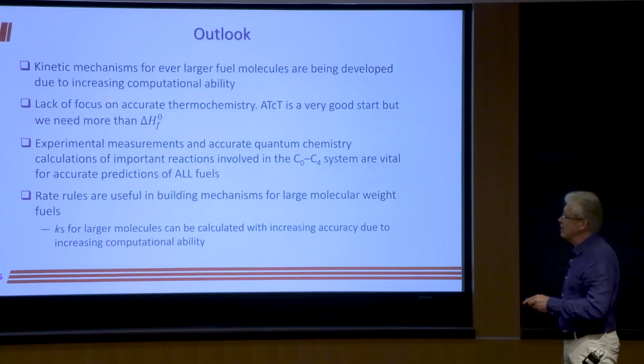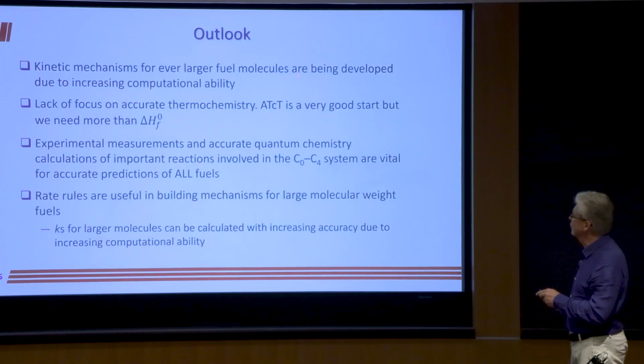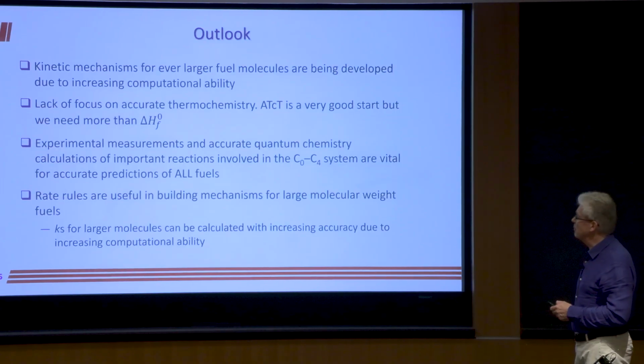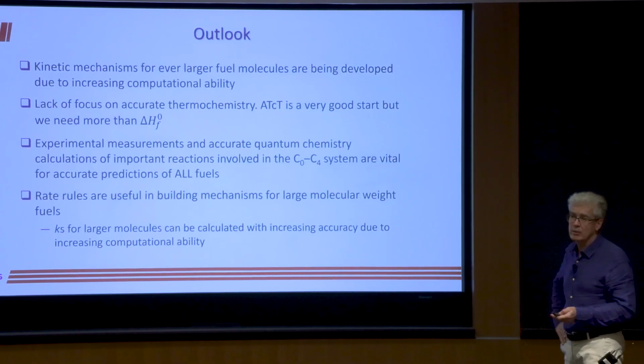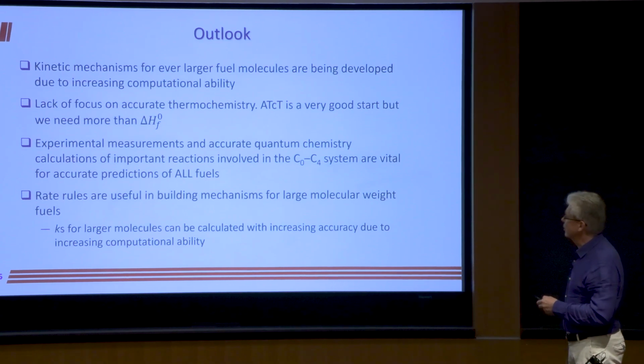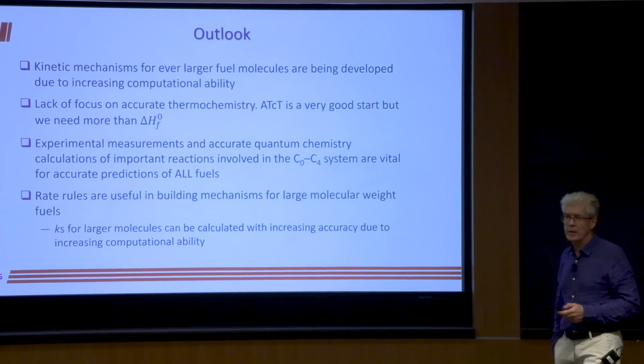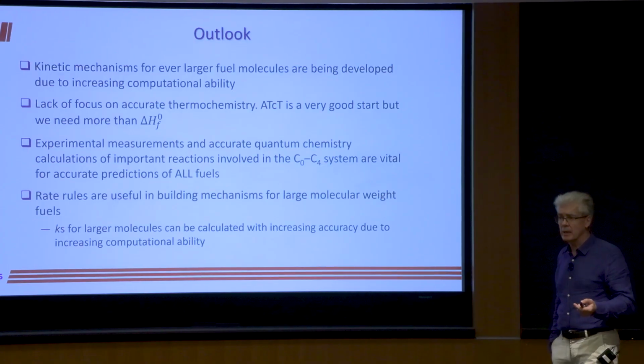So I have a synopsis here. Kinetic mechanisms for ever larger fuel molecules are being developed due to the increasing computational ability. There's been a lot of focus, in my opinion, on accurate thermochemistry, and the active thermochemical tables are a good start, but we need more than heats of formation. We need entropy, and we need Gibbs free energy.